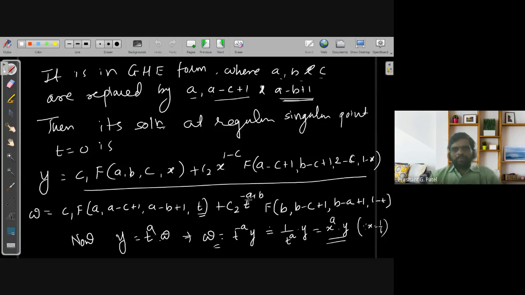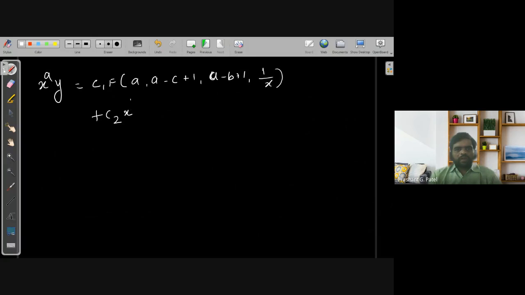It is t power b minus a. So here it is 1 upon t, so it is a minus b. So it is x power a minus b F of b, b minus c plus 1, b minus a plus 1, 1 minus 1 upon x.